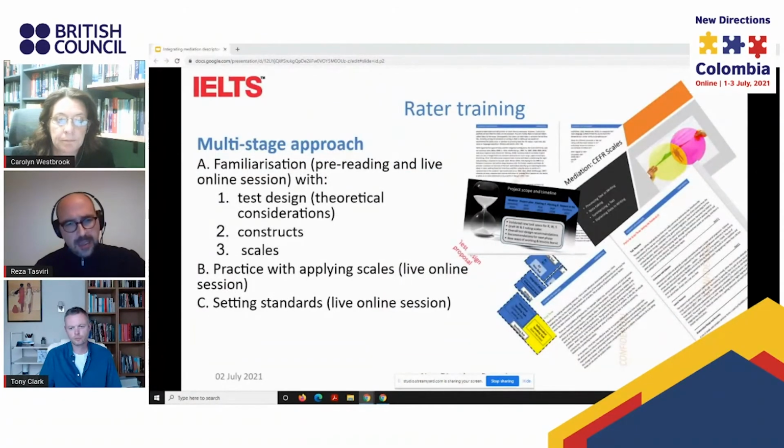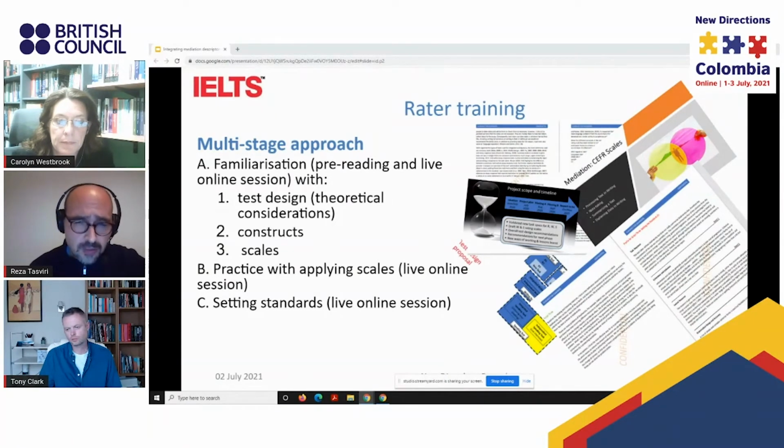Now, after the initial drafting of the scales, we went through a few iterations of refining the scales. At one stage, we had the scales tried by a small number of very expert raters whom we interviewed later on, and whose input we took into further refining the scales until we had a final draft.